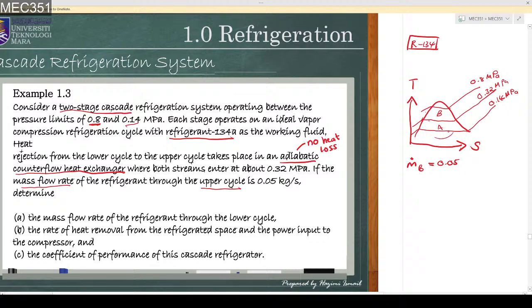It is your own choice if you want to name the upper cycle A and the lower cycle B. It is not compulsory to name B as the upper cycle or A as the lower cycle.